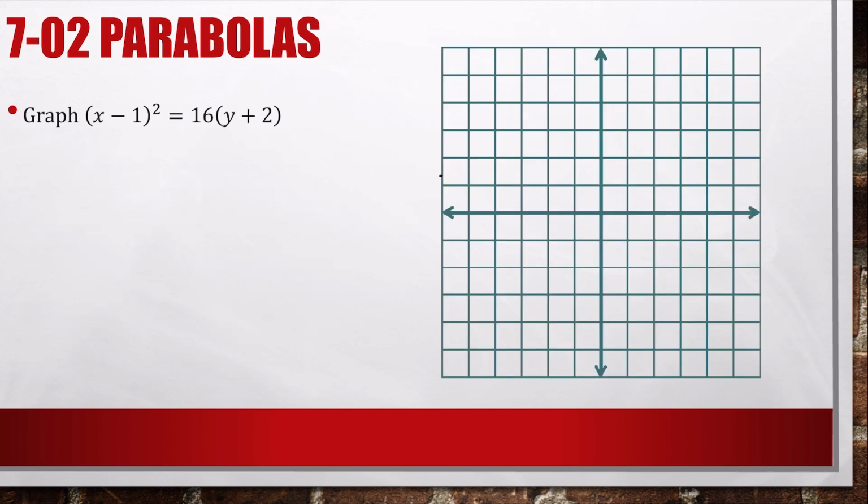Let's graph that last parabola. We knew the vertex was (1, -2). And so what we're going to do to graph the rest of it is solve it for y. So we'll divide by 16 and subtract 2.